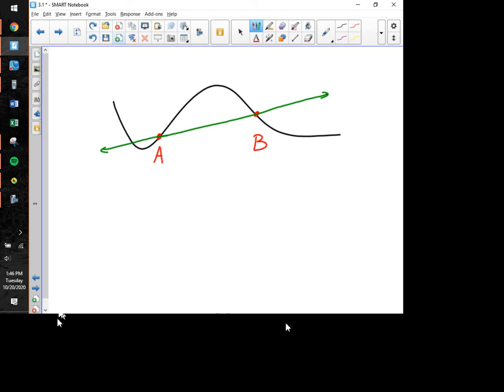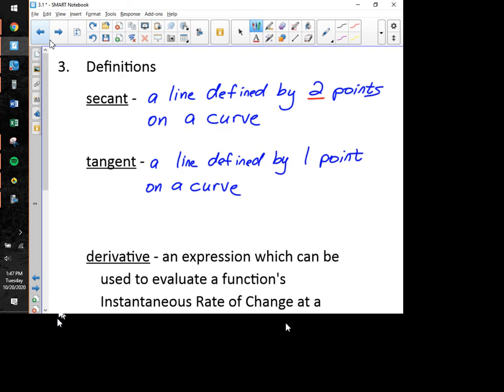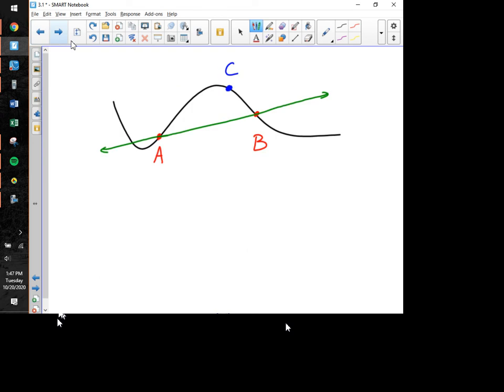There's no other line that passes through points A and B. However, if we were now going to talk about a tangent line, and I asked you to draw me the tangent line that passed through point C, well, the definition we just wrote down is a line defined by 1 point on a curve. Okay, so we're going to focus on point C, but the problem is this. There are an infinite number of lines that pass through point C.